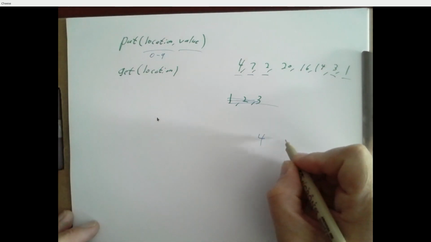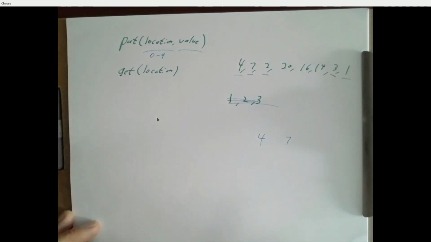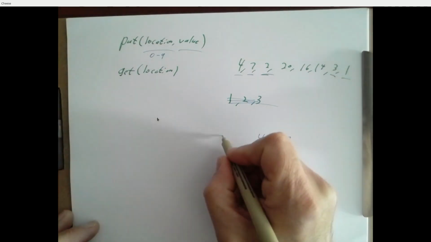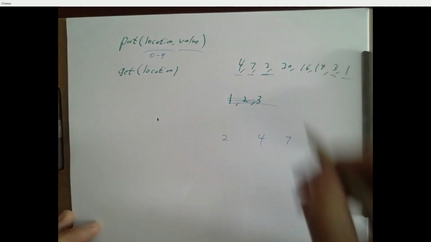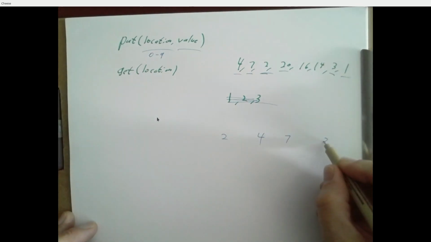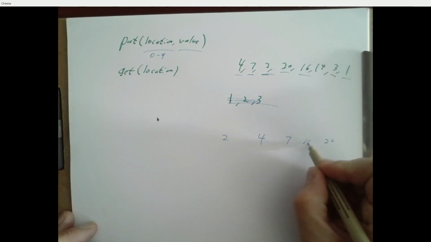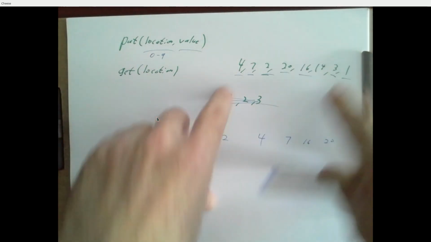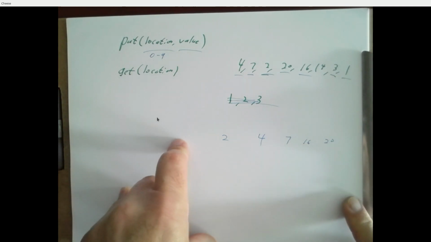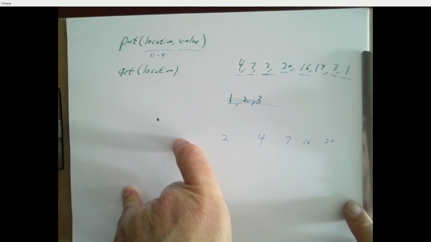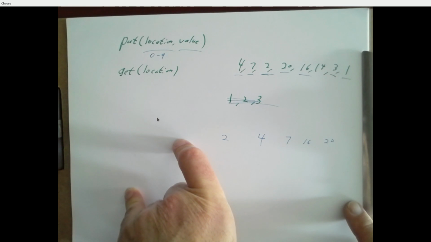Well, it should come after the 4. And here's our third number 2, that should come before the 4. And here's a 20, that should come after the 7. And here's a 16, that should go between 7 and 20, right? It goes through your numbers, but it basically puts them into an output list so that the list is always in order. That's called an insertion sort.